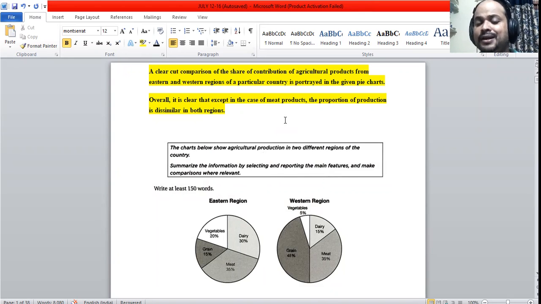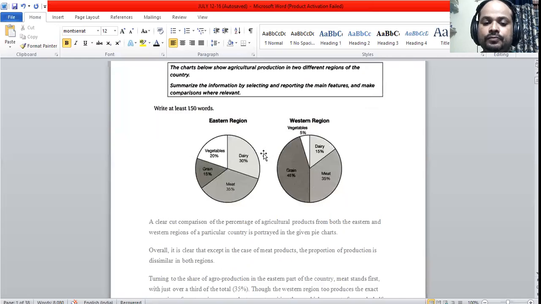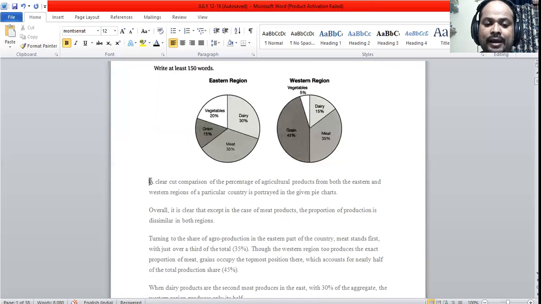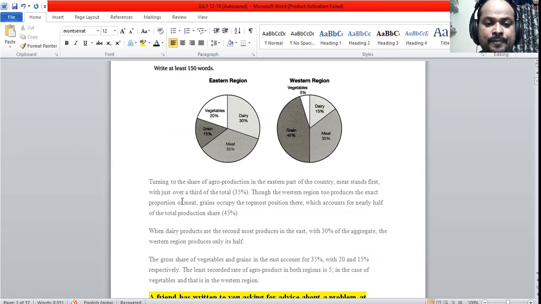So except in this case, the proportion of production is dissimilar. It means it is not similar. Accepted, very clear. Now I have to move on to the next paragraph.